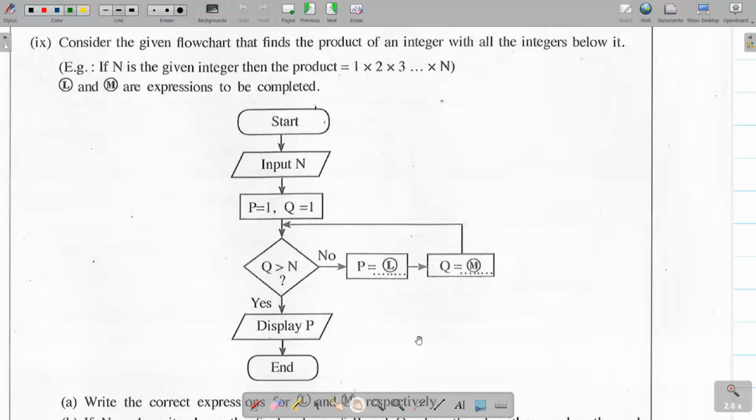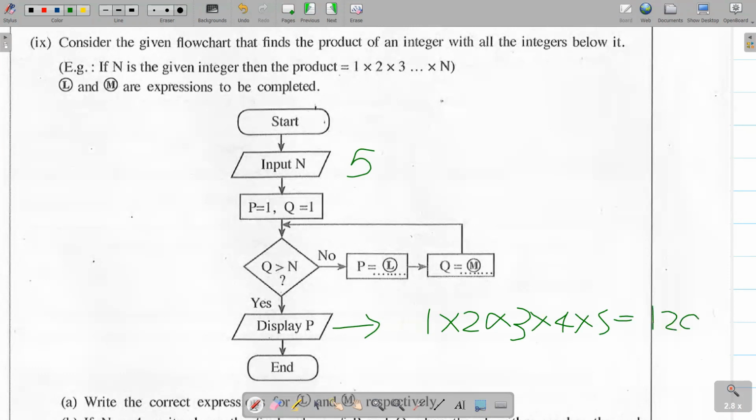So our need is, if some input is there, to find out the multiplication of the values in between. If someone gives n as 5, this p should display 1 into 2 into 3 into 4 into 5. That means 1 into 2 is 2, 2 into 3 is 6, 6 into 4 is 24, 24 into 5, 120. So 120. This is the output that you are going to get.